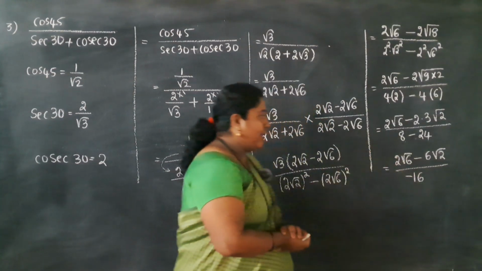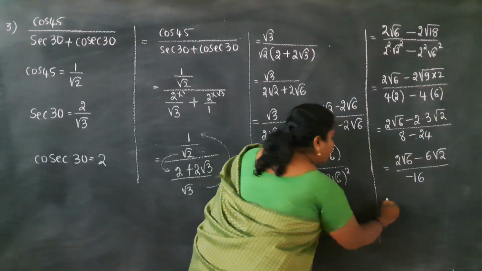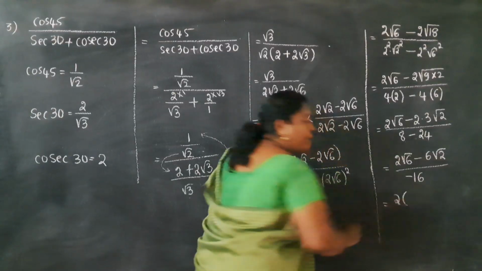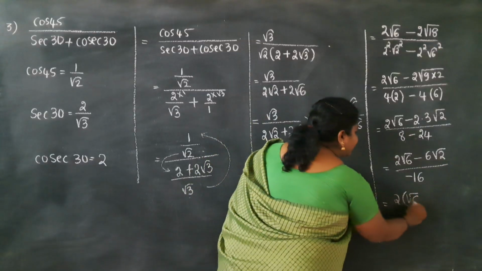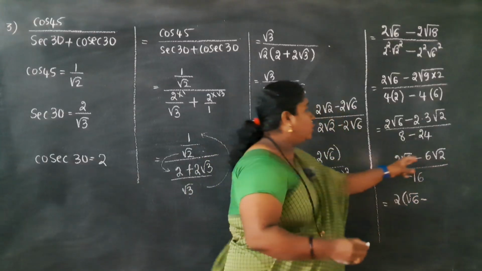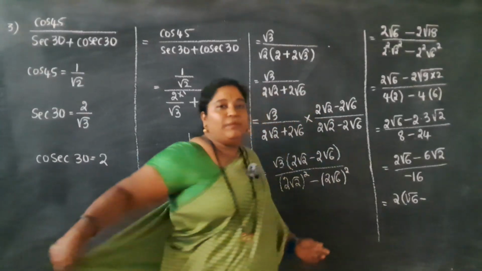So from the numerator, can I take 2 common? Yes, of course I can take 2 common. If I take 2 common from the numerator, what is left out here? Root 6 minus, out of 6 I am taking 2 out, then it will give me 3, right?